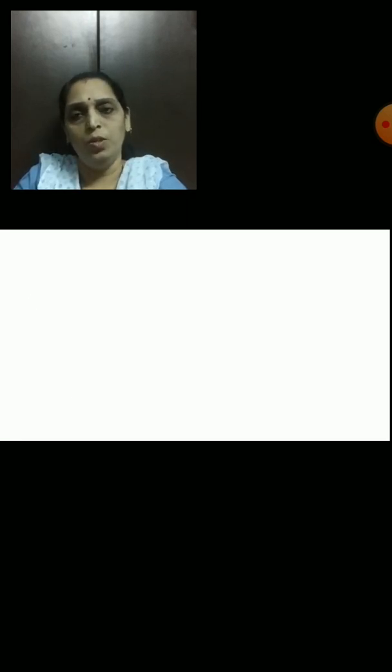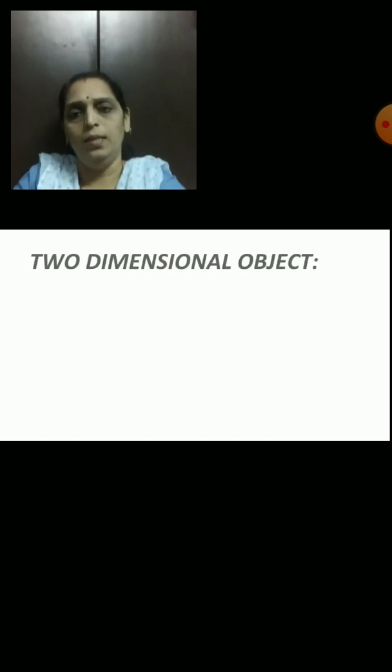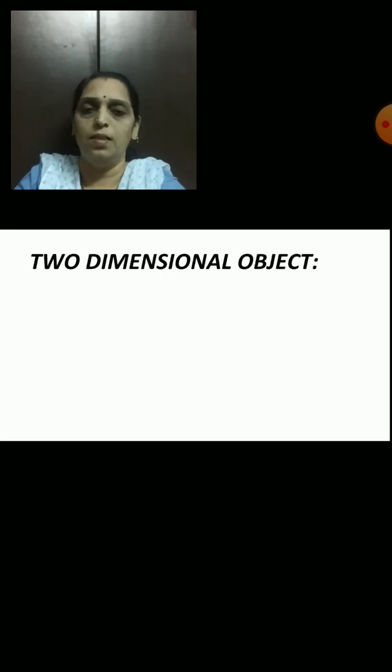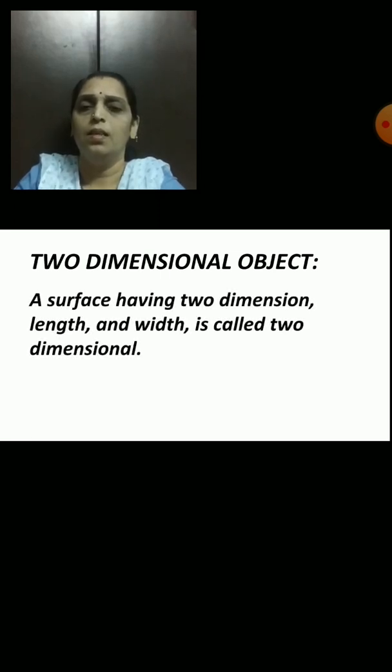Students, now we are going to see the next one, two-dimensional object. What is a two-dimensional object? A surface having two dimensions, length and width, is called a two-dimensional object.